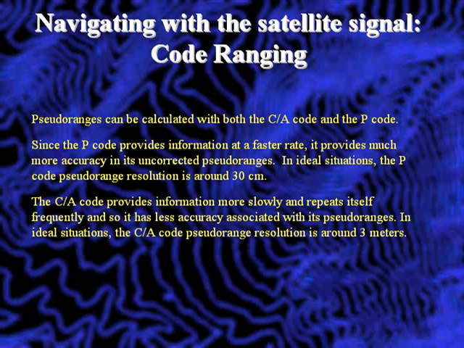So if you multiply 30 centimeters by 10, that's 300 centimeters, so that would be 3 meters. So the CA code, basically, under ideal condition, what you can get is about 3 meters. About 10 times worse as with the P code. And that is because those information pieces are 10 times wider.